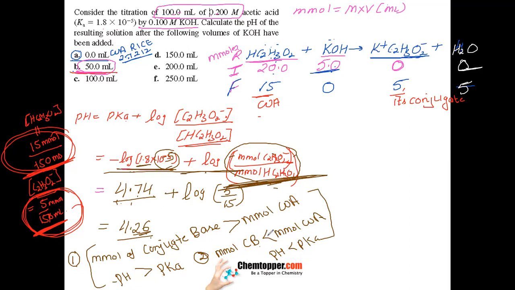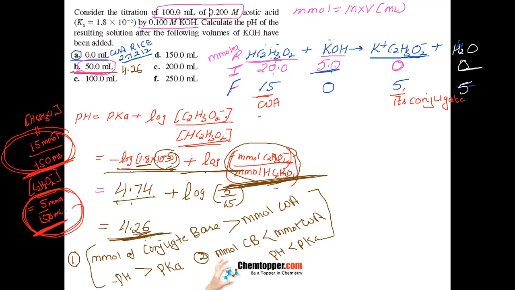So what is the pH at the B point? 4.26. We calculated 4.26 here, right? So after addition of a small amount of strong base, and the strong base is the limiting reactant, your solution is now a buffer.